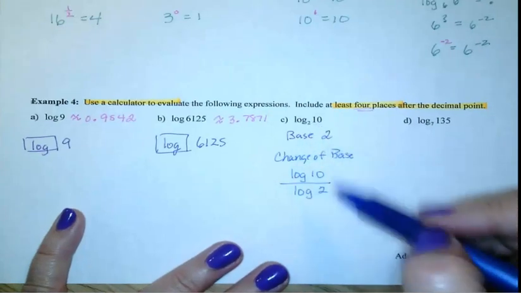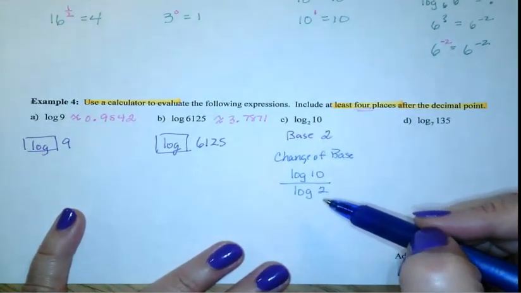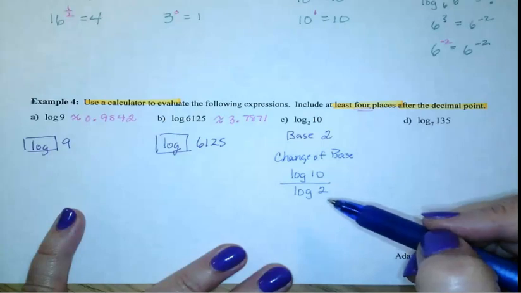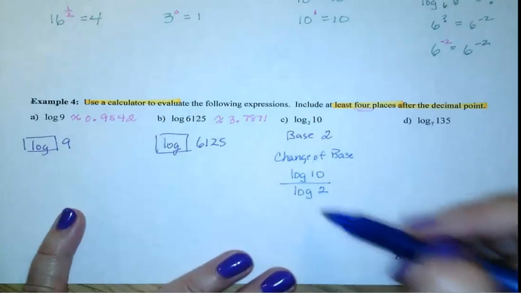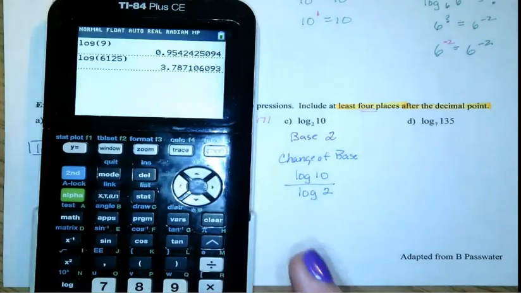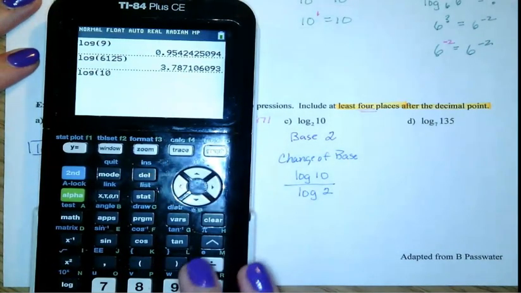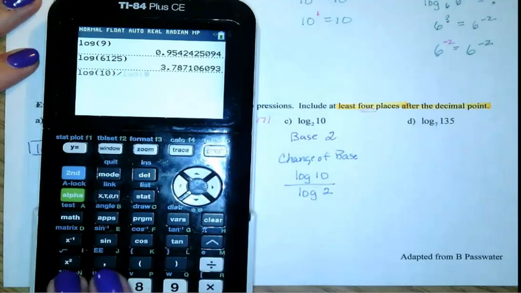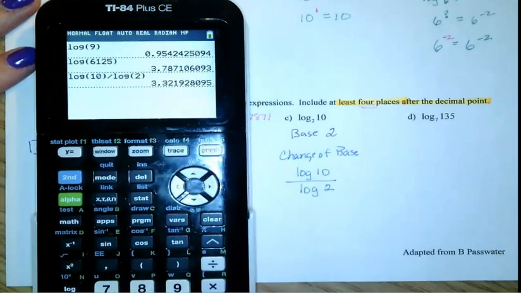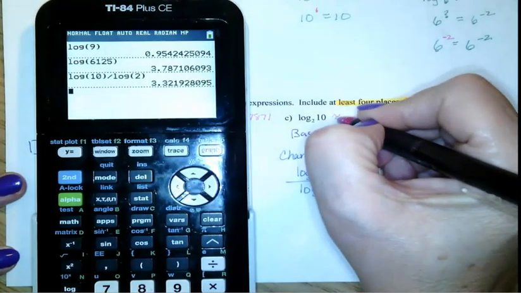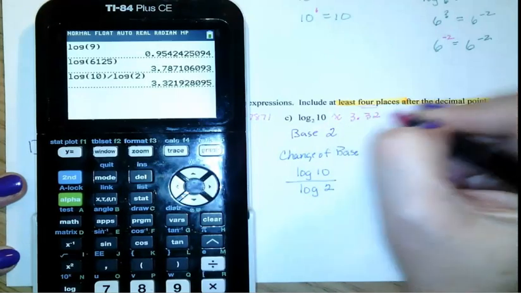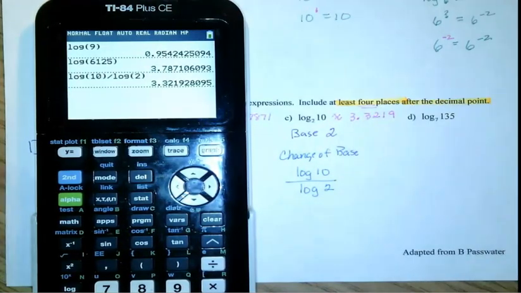So the base of the log is the base of the fraction, or the bottom, where basements are in houses, they're down in the bottom. So this is actually what's happening in this calculation. So we can say log of 10, close the parenthesis, divided by log of 2, close the parenthesis. So when we do this operation called change of base, it gives us this answer. So we know that this is going to be approximately 3.3219.